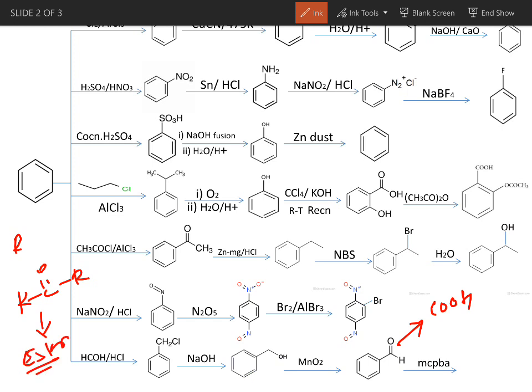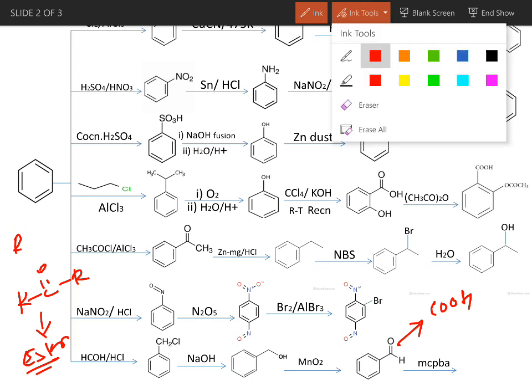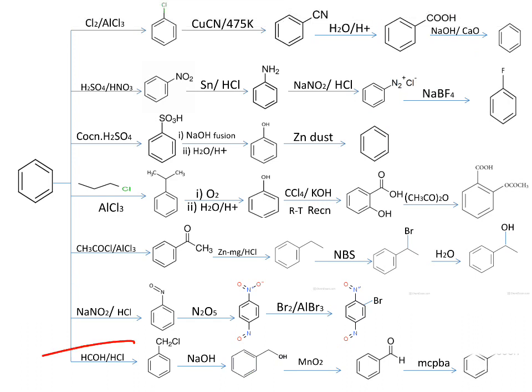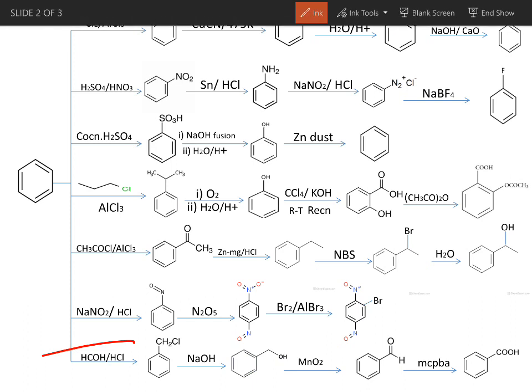Here in this case, the aldehyde is reacting with perbenzoic acid, so the product formed here will be benzoic acid. Metachloroperbenzoic acid is used as a selective oxidizing agent. Now the work of this reaction, as already told, here R-C double bond O-H.